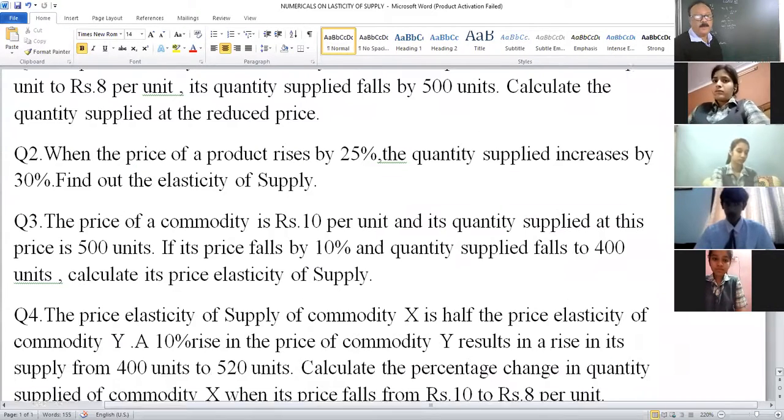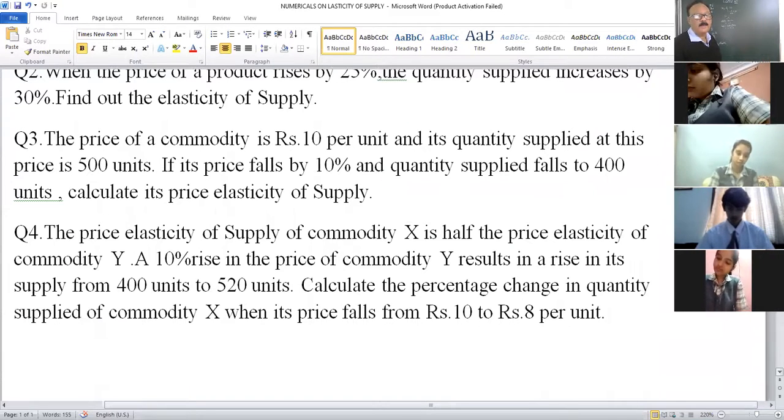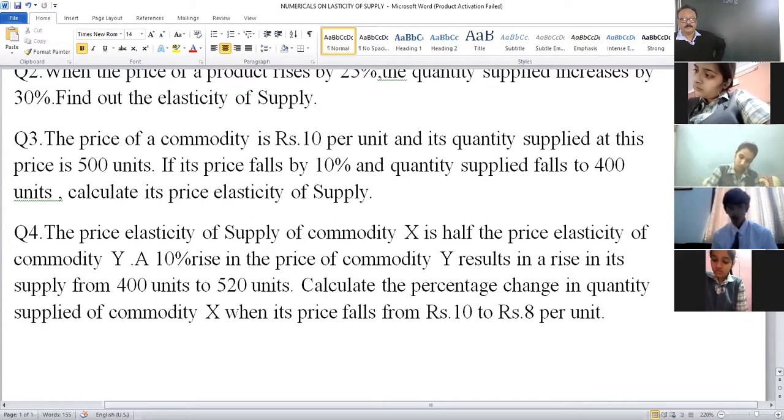The price elasticity of supply of commodity X is half the price elasticity of commodity Y. A 10% rise in the price of commodity Y results in a rise in its supply from 400 units to 520 units.